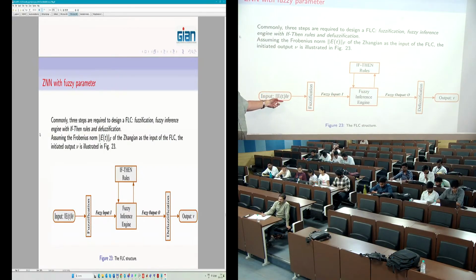Why the Frobenius norm of E of t? We want to force E of t to 0.